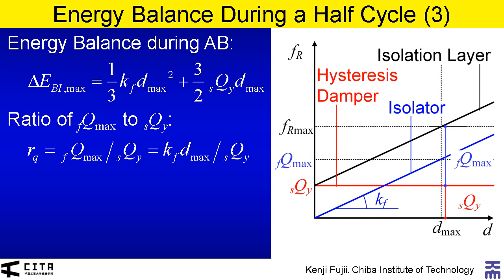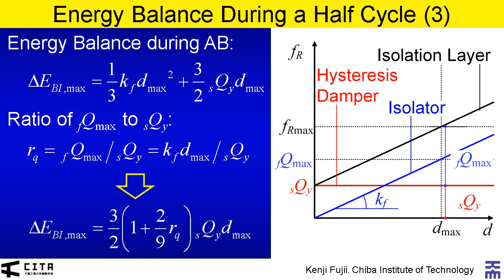Next, the ratio of maximum force for the flexible linear isolator to the yield strength of the hysteresis damper is introduced as this equation. Using the ratio RQ, the energy balance during AB can be rewritten as this equation.